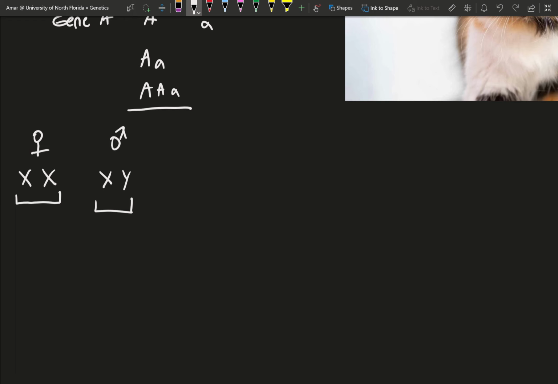So essentially what happens in these cells is, one of these X's, we can color them red and we can color them blue. In your cell, one of these X's will randomly inactivate. So let's say the blue one got inactivated, and that blue one will condense somewhere in the nucleus, and that'll be referred to as a Barr body.